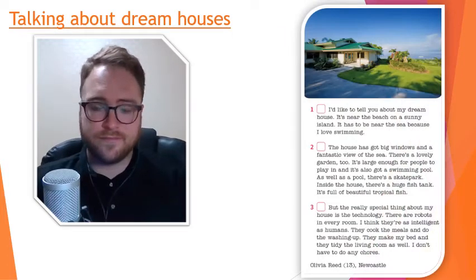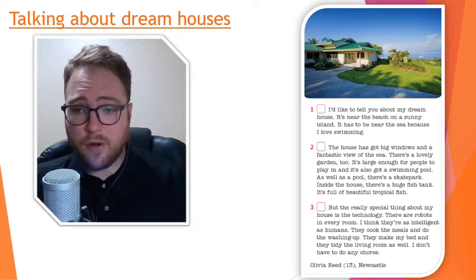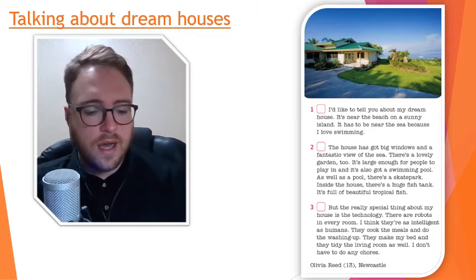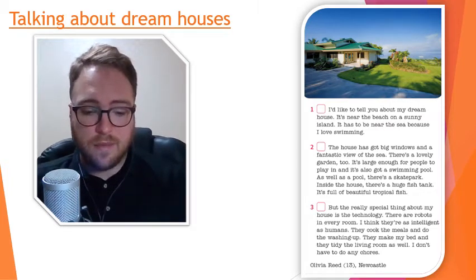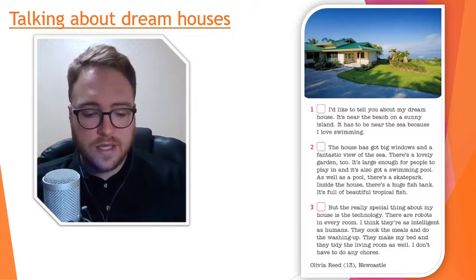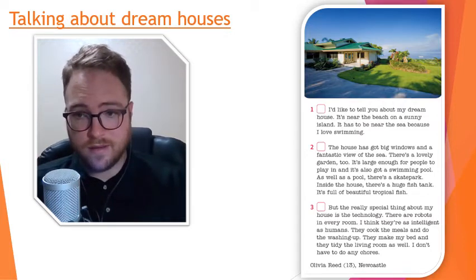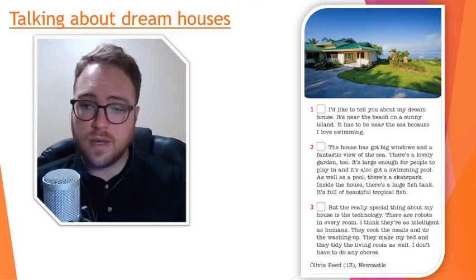All right, let's go ahead and read. Paragraph 1. I'd like to tell you about my dream house. It's near the beach on a sunny island. It has to be near the sea because I love swimming. Paragraph 2.